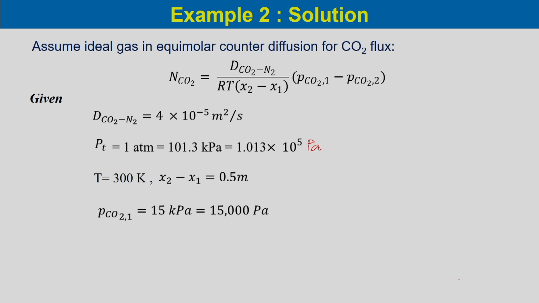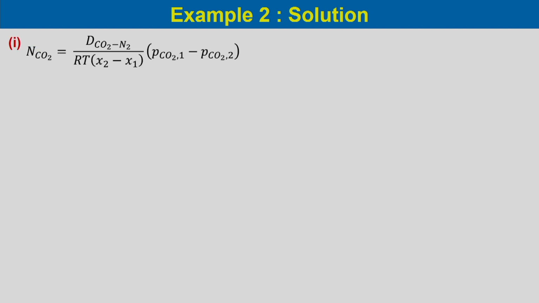Partial pressure of CO2 at 1 is 15 kilopascal, which is 15,000 pascal, and partial pressure of CO2 at 2 is 5 kilopascal, which is 5000 pascal. R is known, 8314 pascal meter cube per kilomole Kelvin.